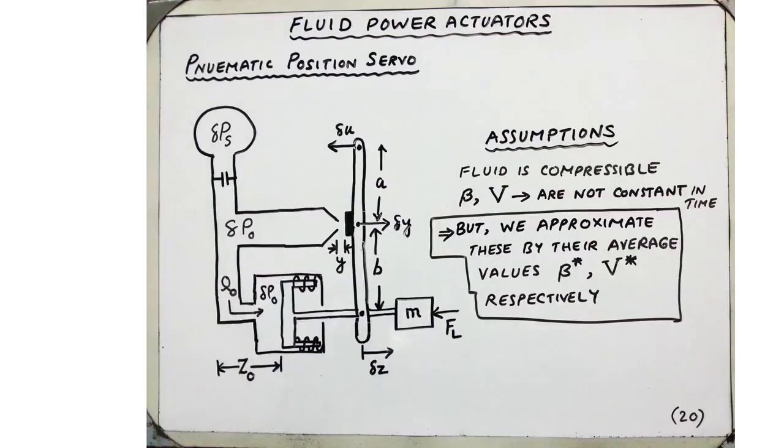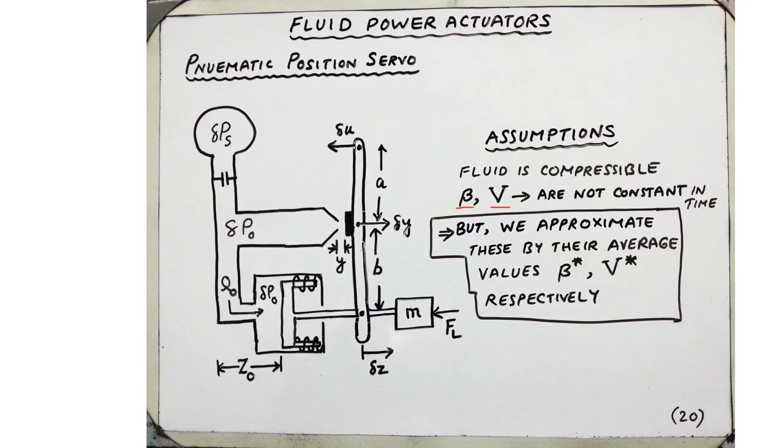But we need to make further assumptions before a complete linear model is obtained. Those are about the fluid capacitance, parameters such as the bulk modulus and the volume.